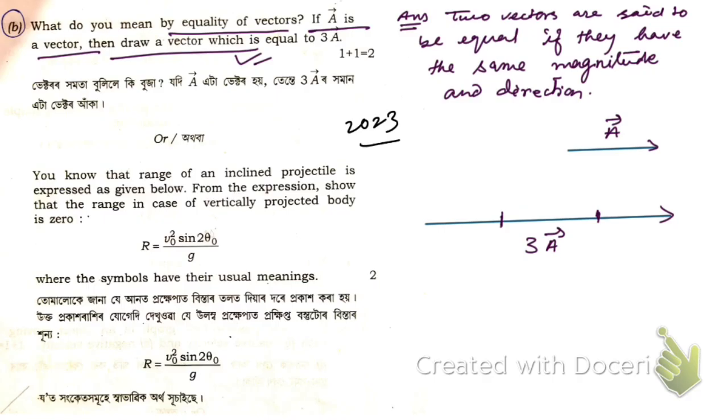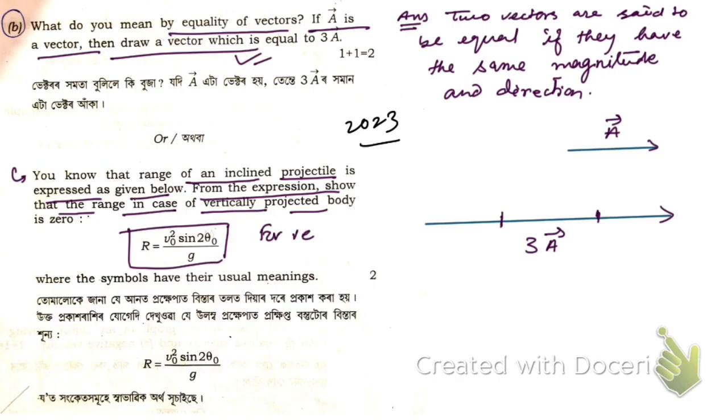Now you know that the range of an inclined projectile is expressed as given below, where v0 is the initial velocity and theta naught is the angle of inclination. What is asked here is the range in case of vertical projection.